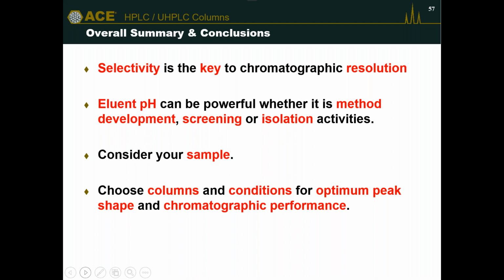You have to choose the right types of column depending on your application. So look at peak shape, efficiency, what pH is going to work best for you. Some of those combinations of different buffers can help in the early method development stages to make sure that you have got a wide range of pH to explore.